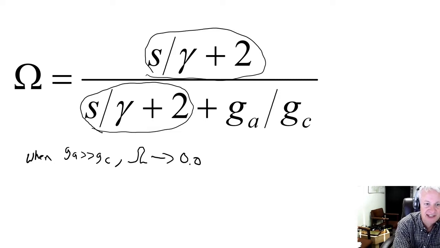Because basically as GA gets much larger than GC, that ratio gets larger. So this entire term, omega, will approach 0. Never reach 0, but it will approach 0.